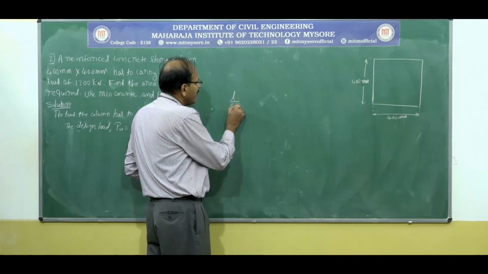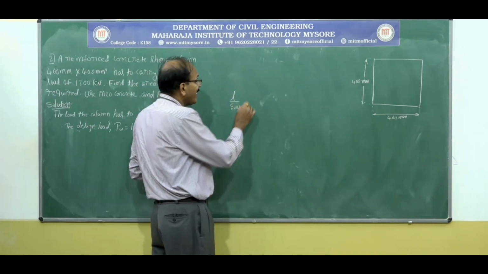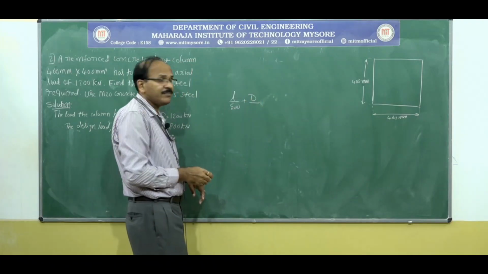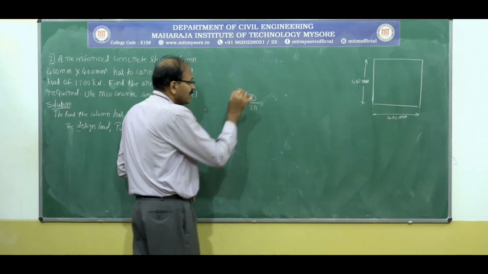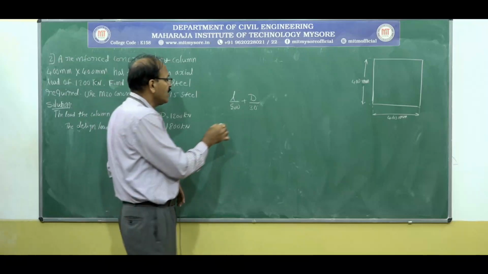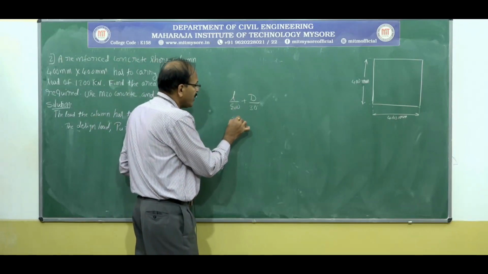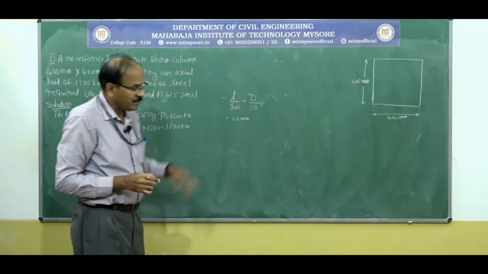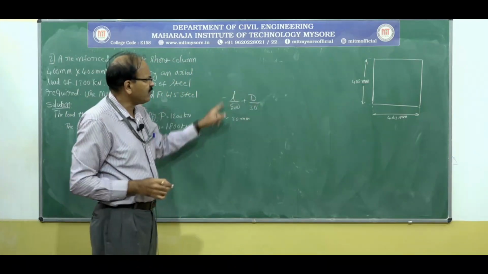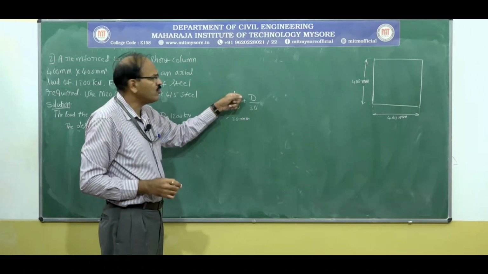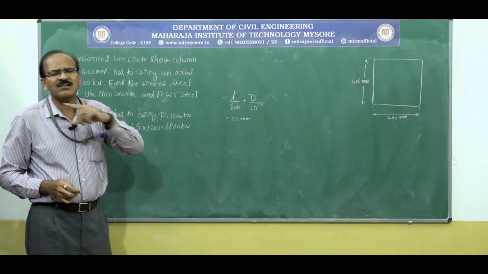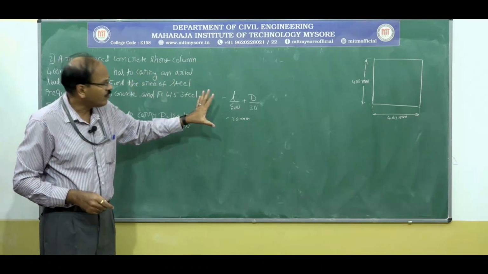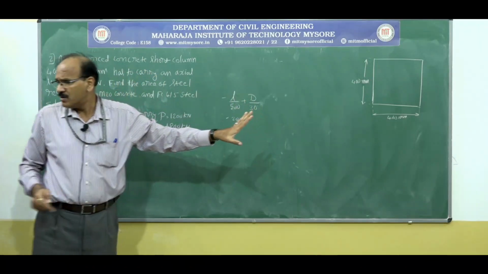L by 500, where L is the unsupported length, plus D, that is the lateral dimension, divided by 30. Of course this should not be less than 20 millimeter. But the problem here is we cannot find this, because we don't know the unsupported length of the column. It is not given in the problem. So we don't worry about this part.